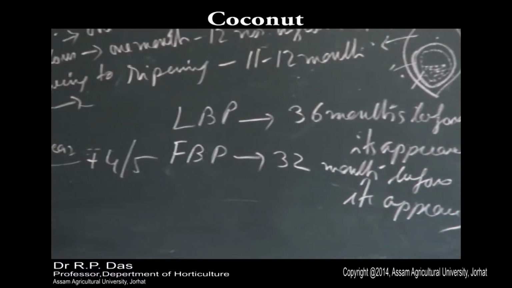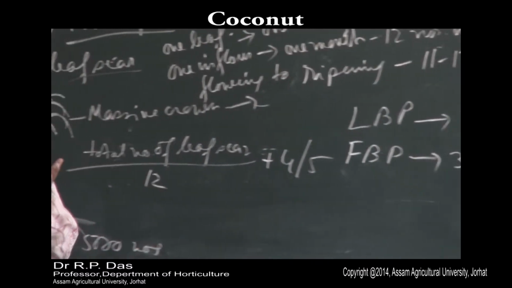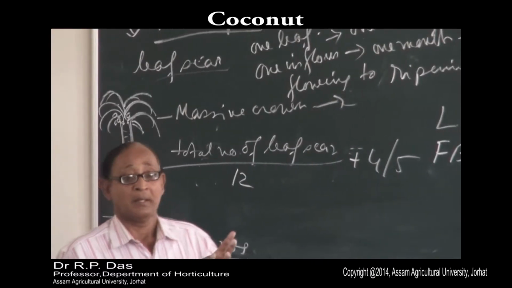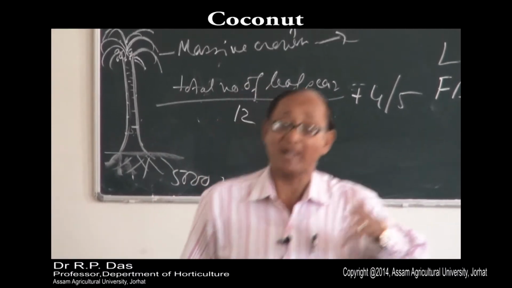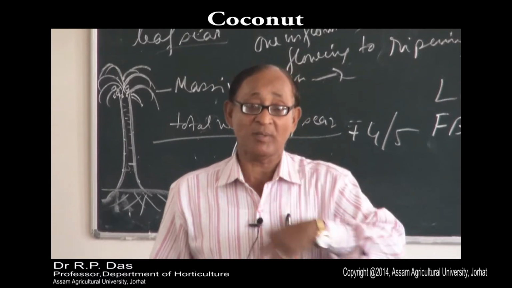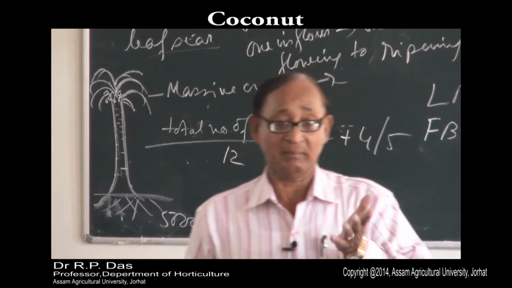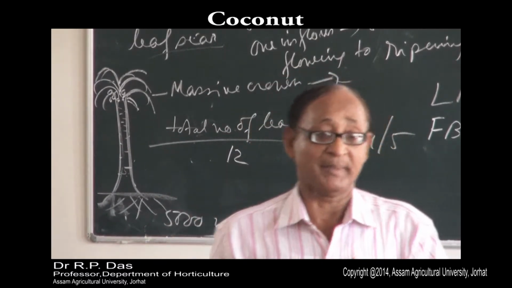That's why every month is a leaf production, every month is inflorescence, and every month is a harvesting, and there is a continuous fruit development. Flowering, fruit set, fruit development takes place.